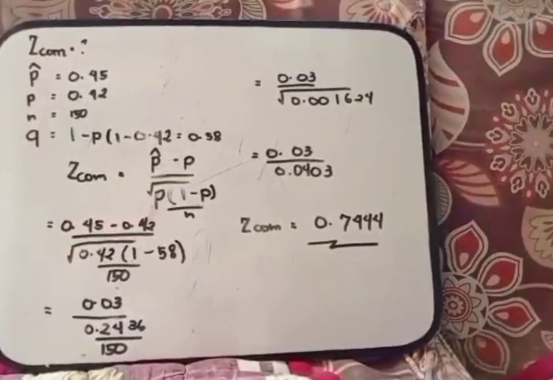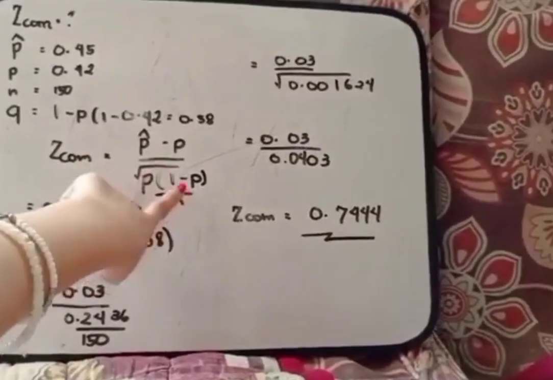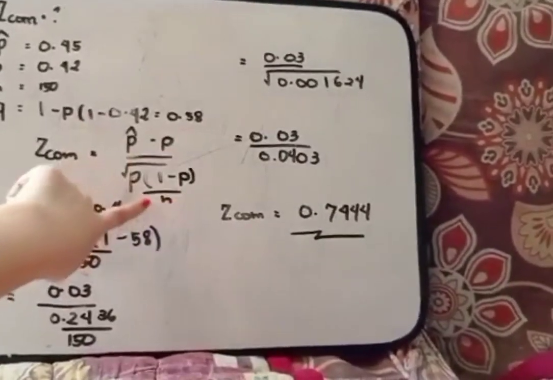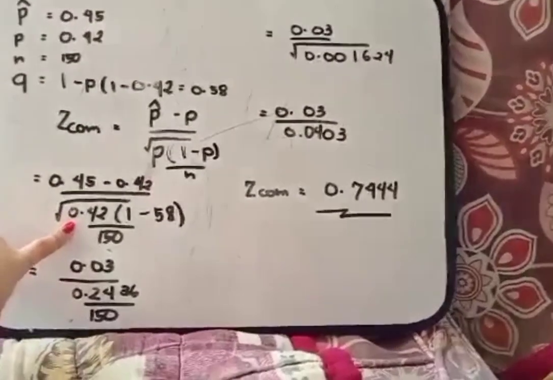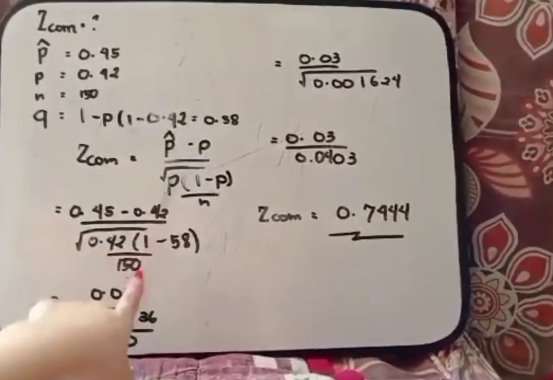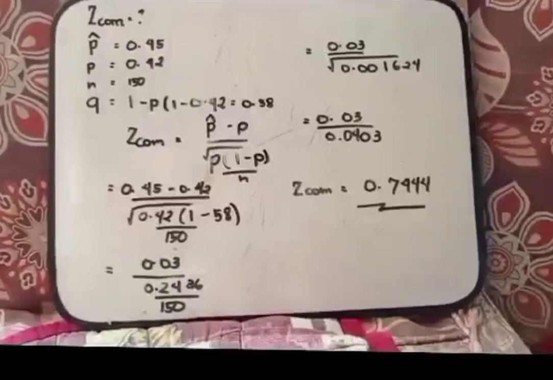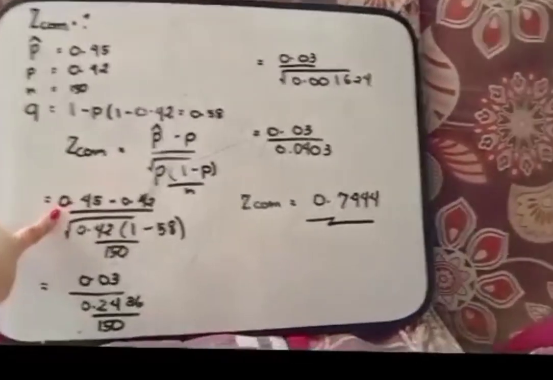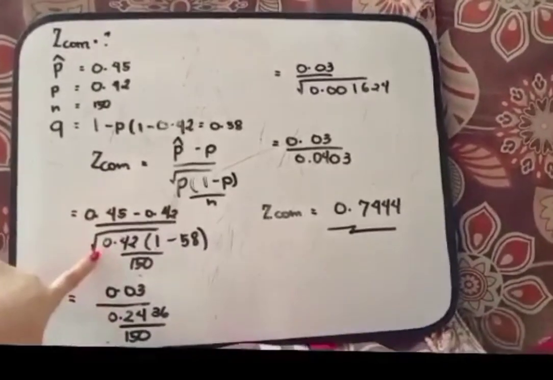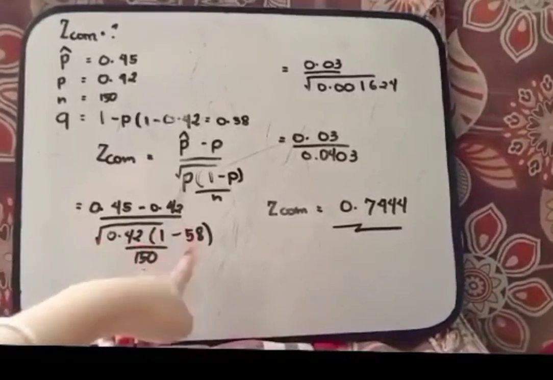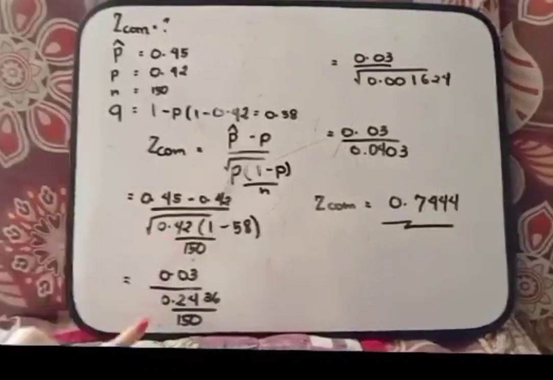And next is the population proportion times 1 minus population proportion divided by N. P, or the population proportion, is equal to 0.42 times 1 minus 0.58 divided by 150. Now let us subtract: 0.45 minus 0.42 is equal to 0.03, and 0.42 times 1 minus 0.58 is equal to 0.2436, and bring down 150.